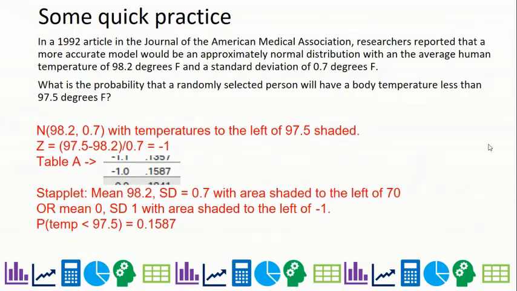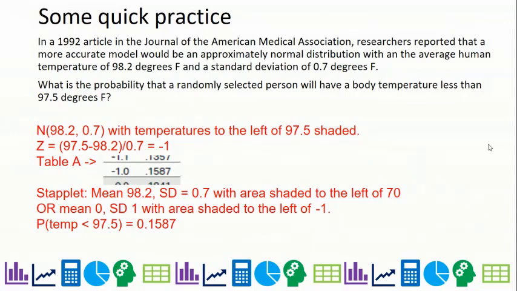What's the mean? 98.2. What's the standard deviation? 0.7 is correct. Hit enter. And you should get about 0.1587. You'll probably get maybe 0.16, maybe 0.157. Somewhere around there. Is that what you got?